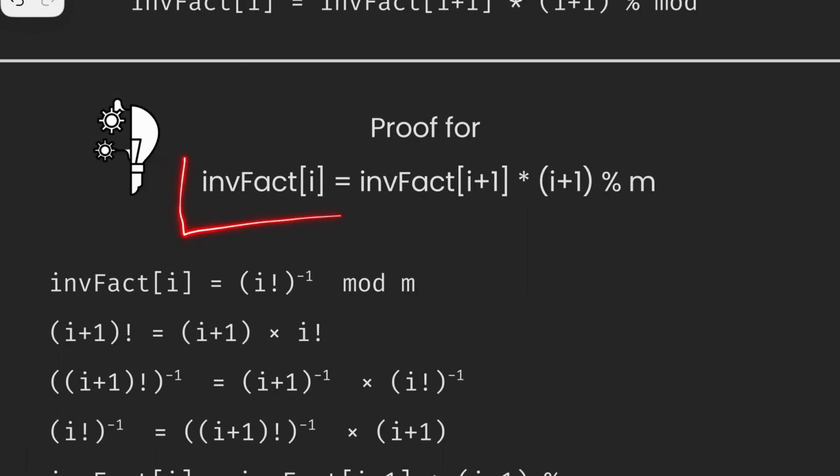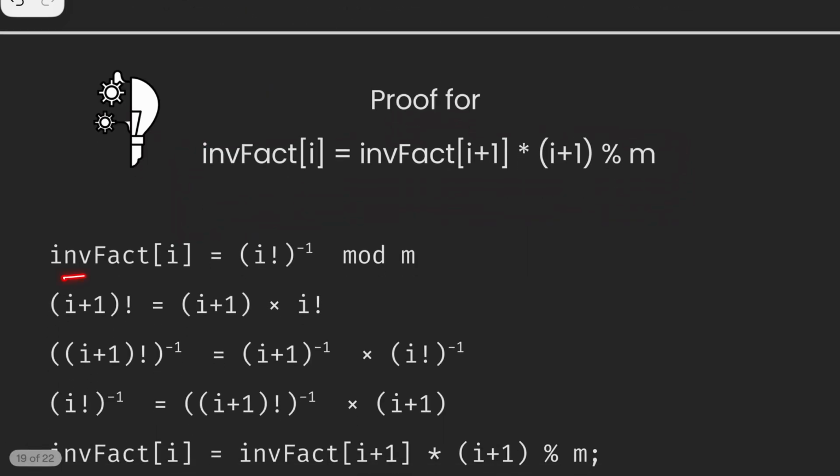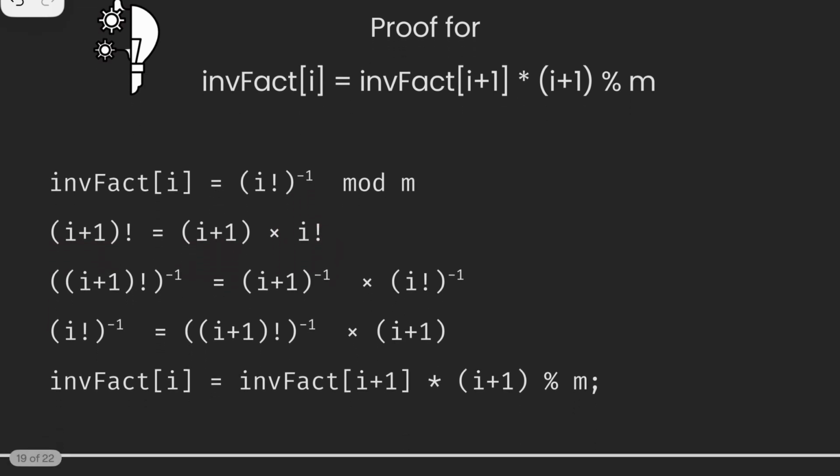Let me prove this to you. This is what we want to prove. See, inverse factorial of i we can write as i factorial to the power minus 1 mod m. So we can write (i plus 1) factorial as (i plus 1) into i factorial. Take the inverse. (i plus 1) factorial inverse is the same as (i plus 1) inverse into i factorial inverse. Just move this (i plus 1) inverse here, and you will have i factorial inverse, which is this, with (i plus 1) factorial inverse, which is this.